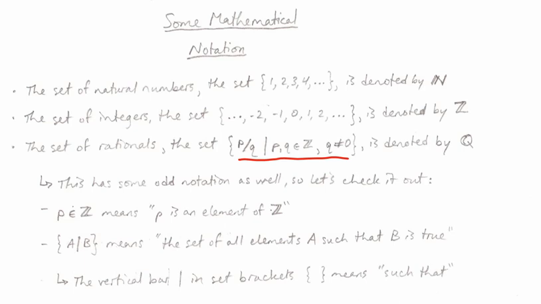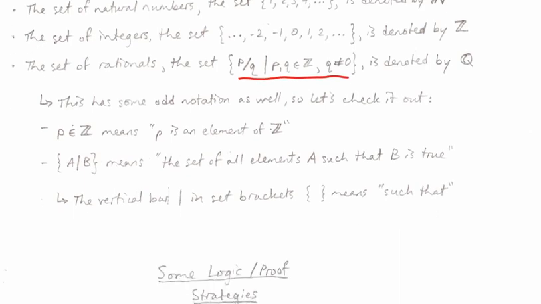So it's the set of all things of the form, going back to our set of rationals here, it's the set of all elements of the form P over Q such that P and Q are whole numbers and Q is not 0. And that big vertical bar that's in the middle of our set brackets, that's a mathematical way of just saying "such that." We have so much symbolism and so much notation because mathematicians are lazy and we cannot write out two simple words.